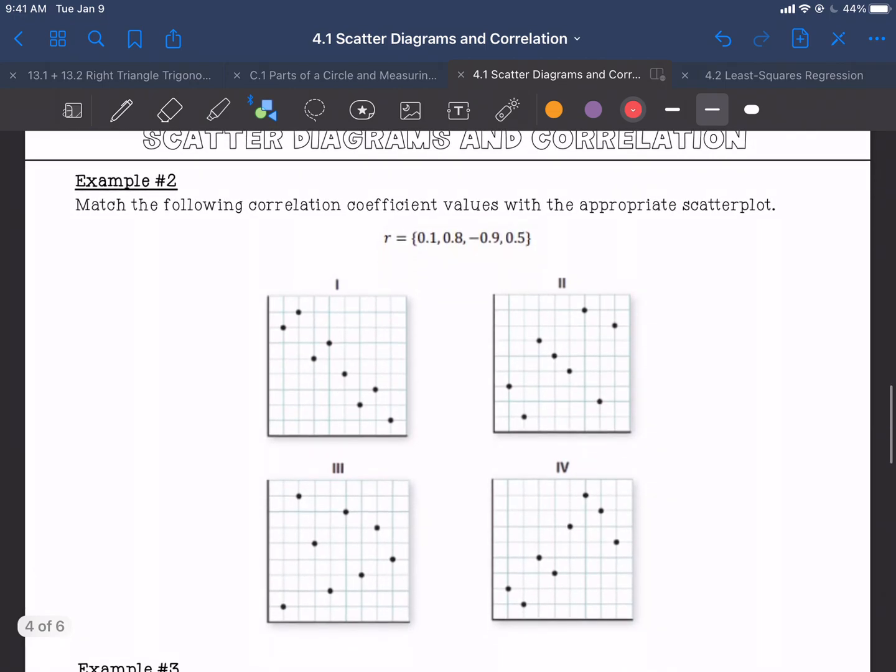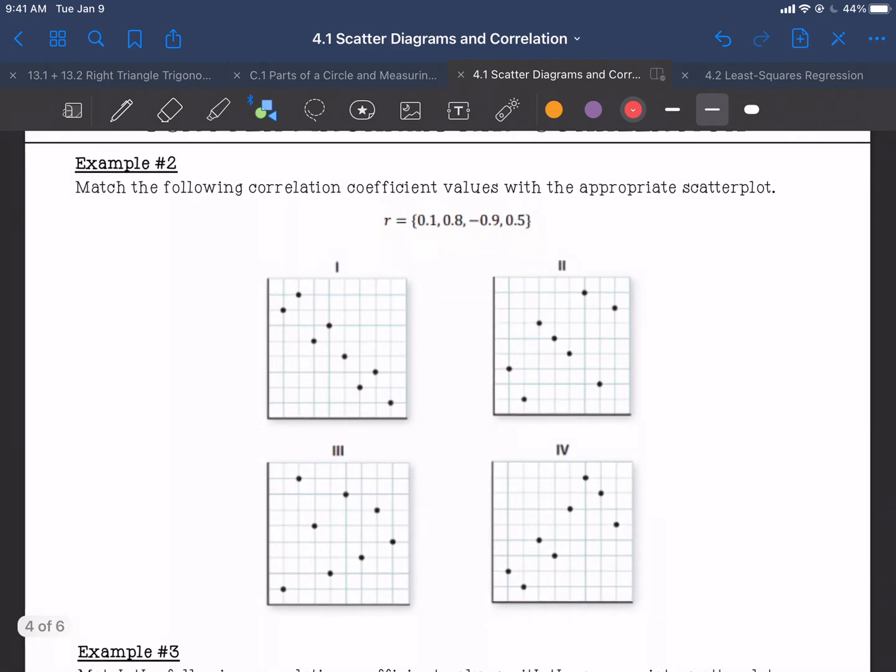All right, so in these examples, we are going to match the following correlation coefficient values with the appropriate scatter plot. All right, so we got R values of 0.1, 0.8, -0.9, and 0.5. So there's only one negative R value, and the only graph that has a negative correlation would be graph 1.